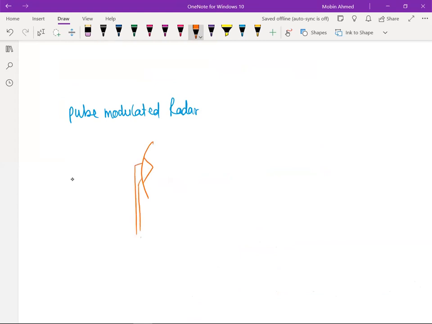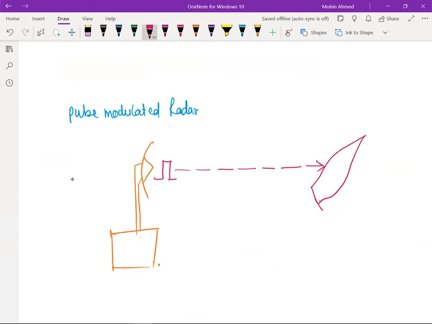This modulated pulse is transmitted, here we have the target, and again it is reflected back.